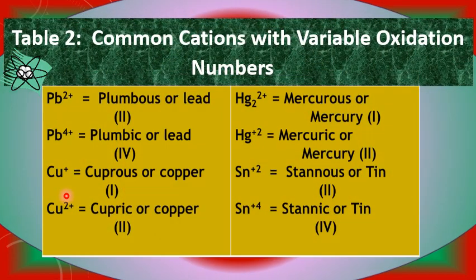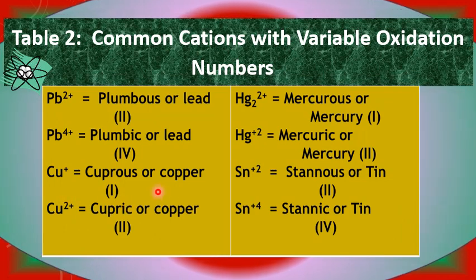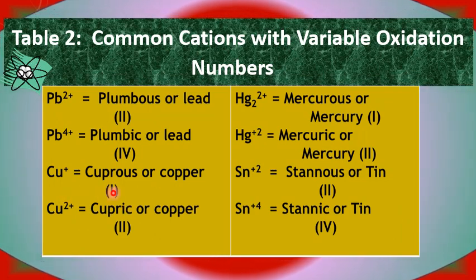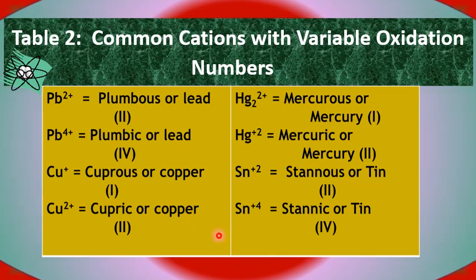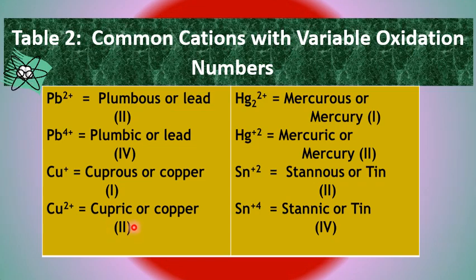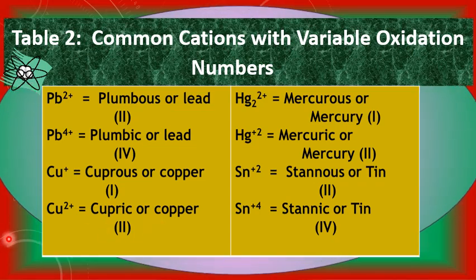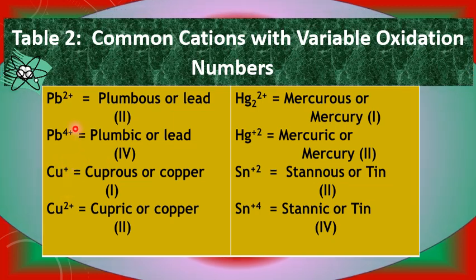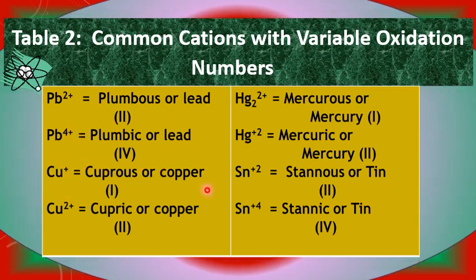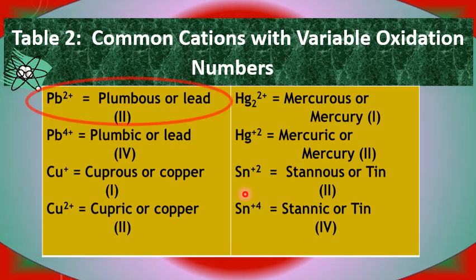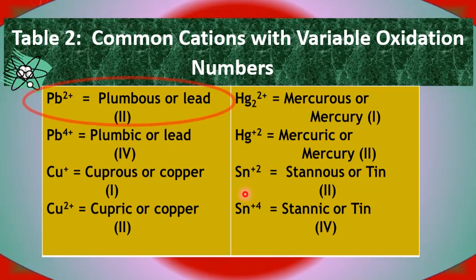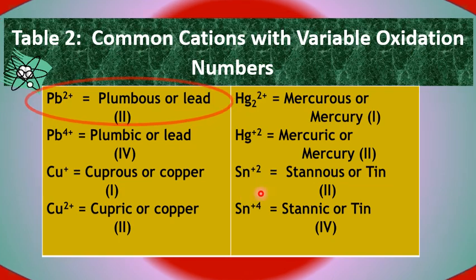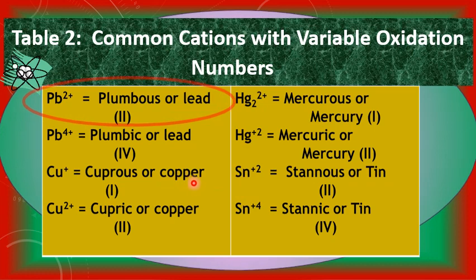Table 2 shows common cations with their variable oxidation numbers. Cations are positively charged ions. For example, lead ion has a charge of either +2 or +4. In naming lead compounds, we say plumbous or lead(II).